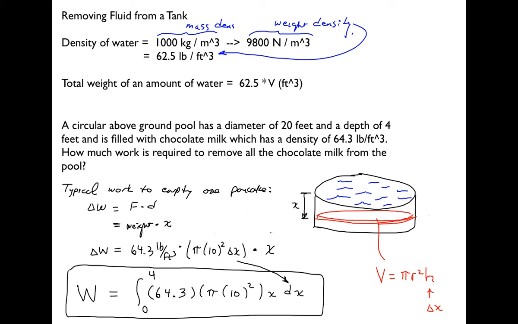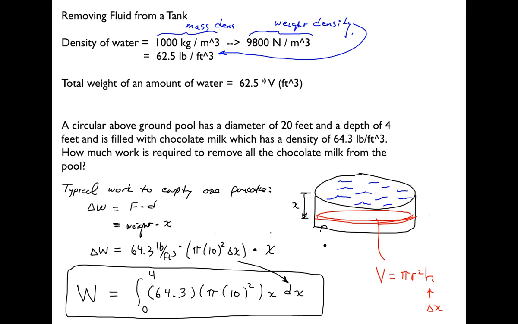To get it out of the pool, we've got to get it up to the top of the pool. That's how it's going to get out, not the bottom. So if there was a hole in the bottom, it would be 0 work. If we just had a hole in the bottom of the pool and just unplugged it, that'd be 0 work, because the work comes when you're moving the layers upward.